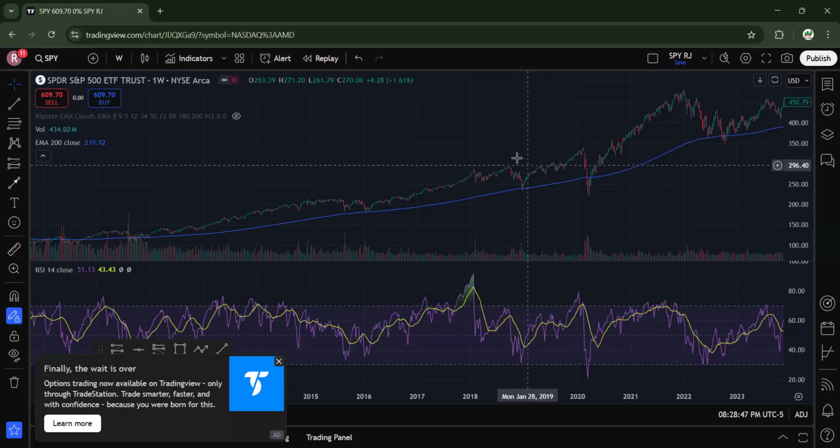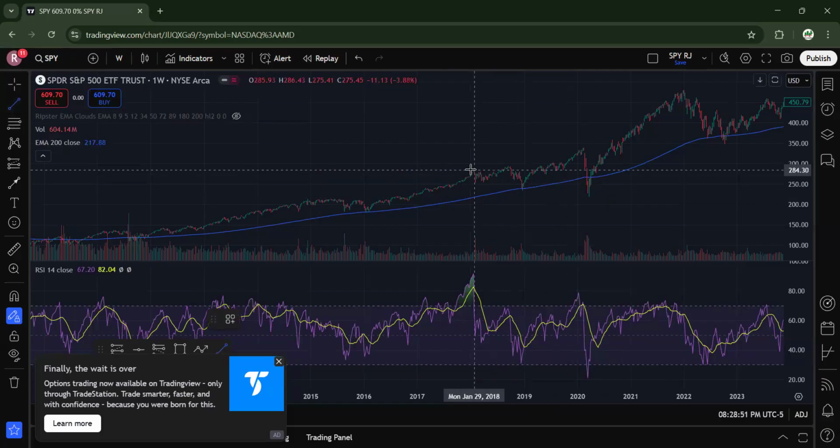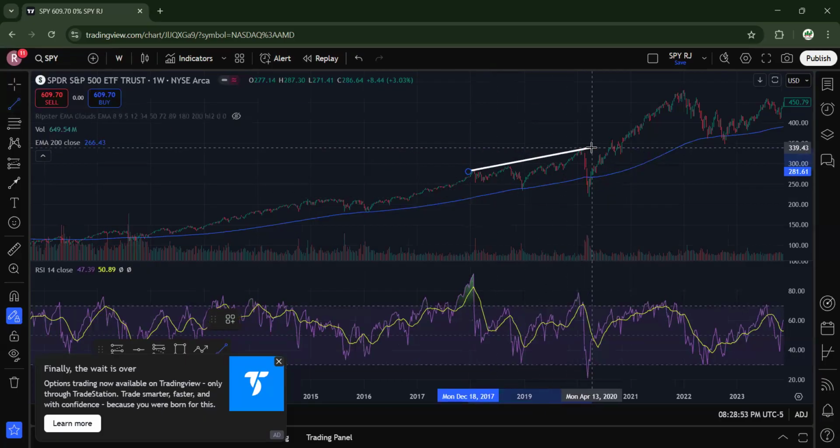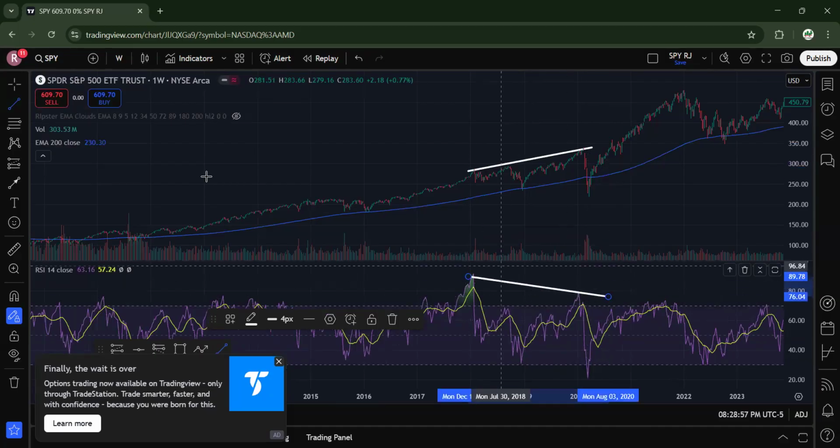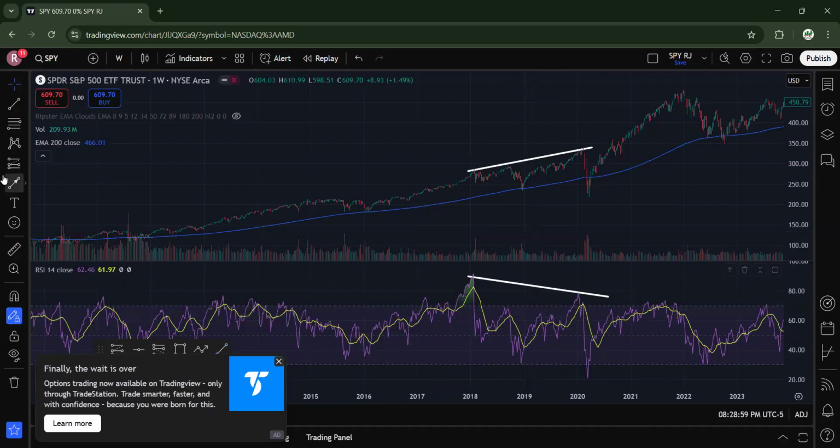So if you look right here, take a look at the stock price, take a look at the RSI. Okay. So if you see that, it's like it doesn't match up. You had a fall. All right.